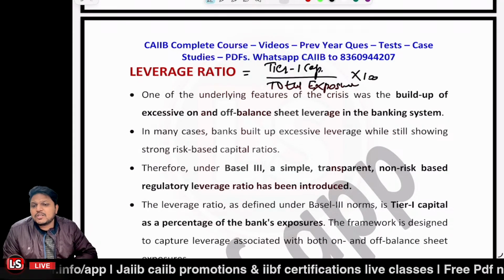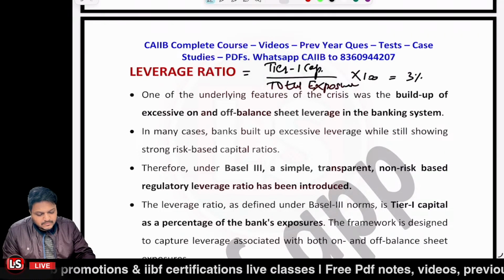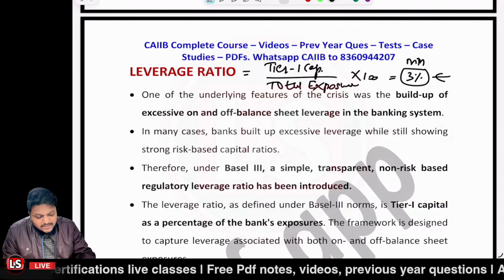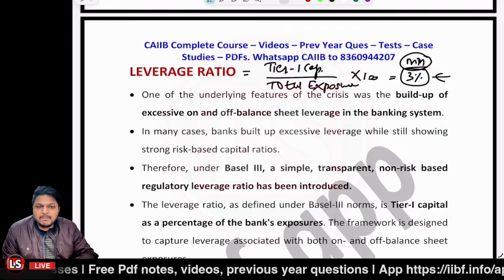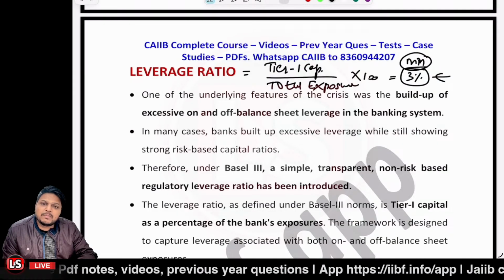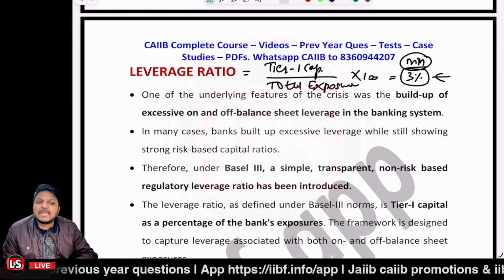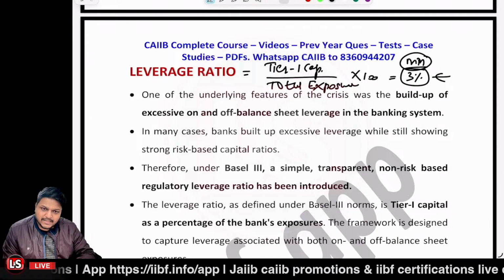The minimum leverage ratio that banks are obligated to maintain is 3%. This minimum leverage is to be maintained, and it will be applicable on all the scheduled banks.